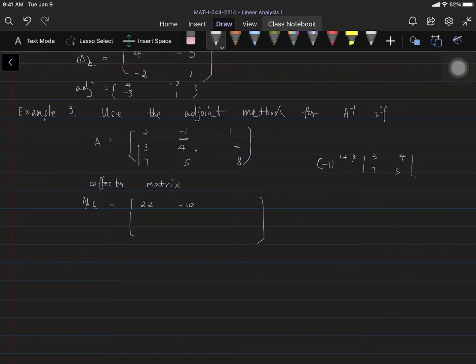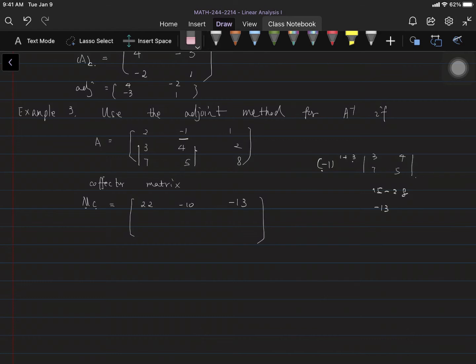It's like this, okay? So 15 minus 28, so here is negative 13, and this is negative 1 to the 4th power, which is positive, so here's negative 13.